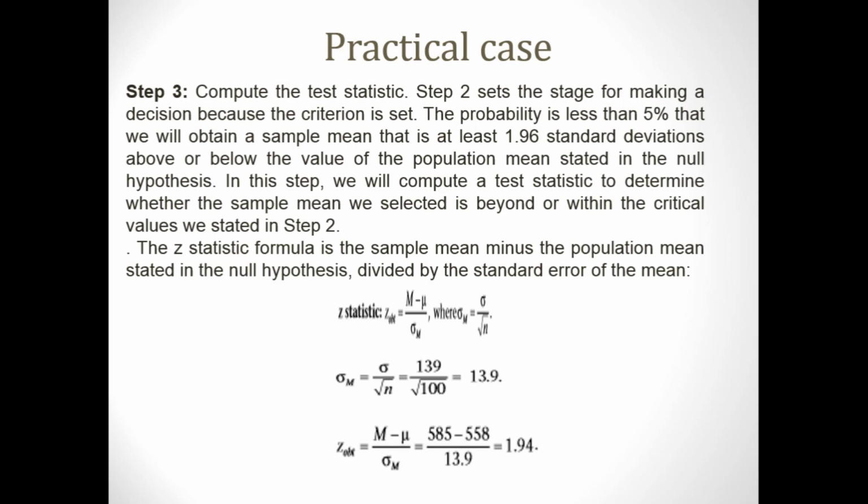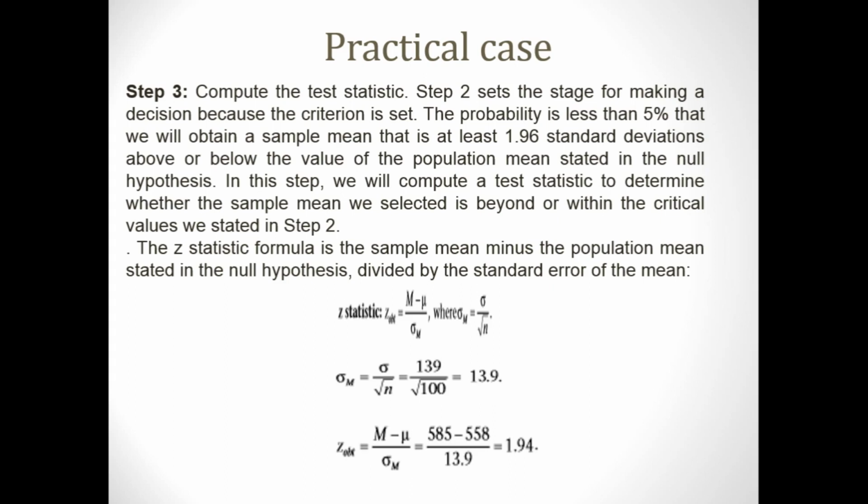In the last step of the test, we need to make a decision. To make a decision, we compare the obtained value to the critical value. We reject the null hypothesis if the obtained value exceeds the critical value. The figures show that the obtained value, 1.94, is less than the critical value, which is set at 1.96.